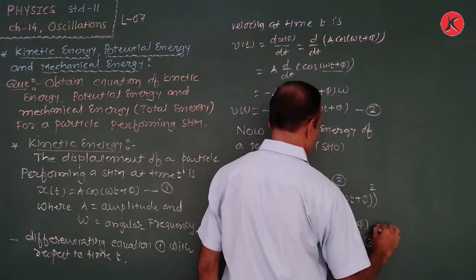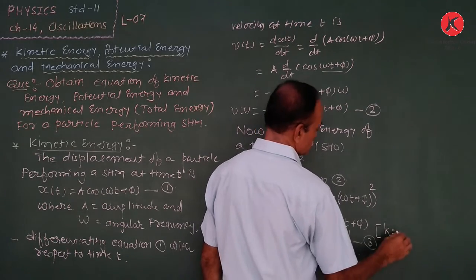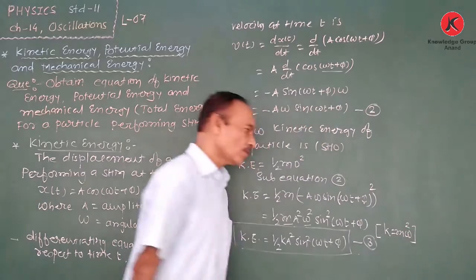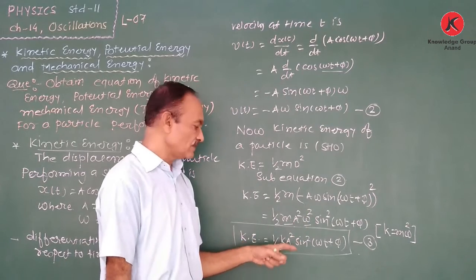But we know that the force constant k is equal to m omega square. Therefore, instead of m omega square, we substitute k.